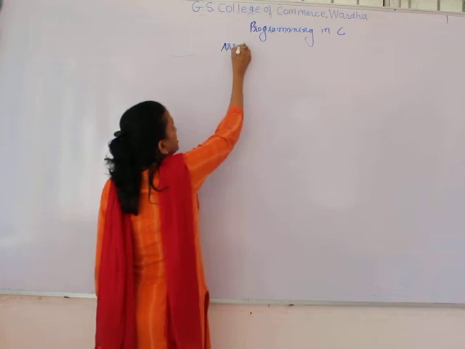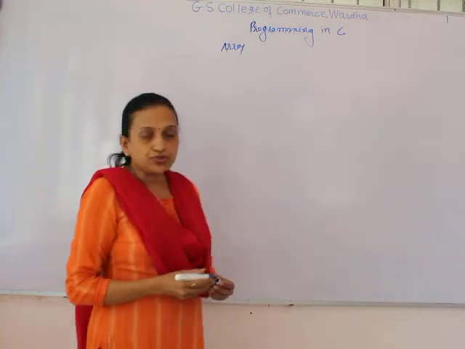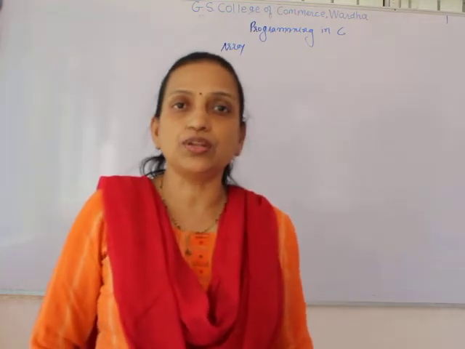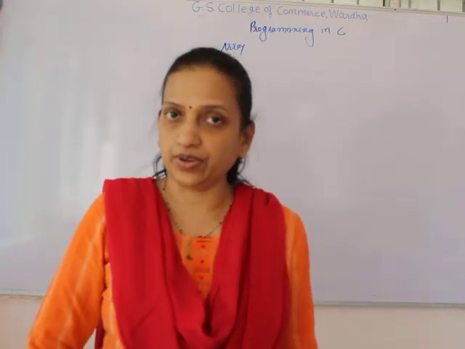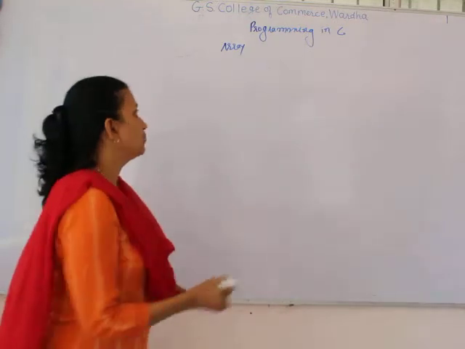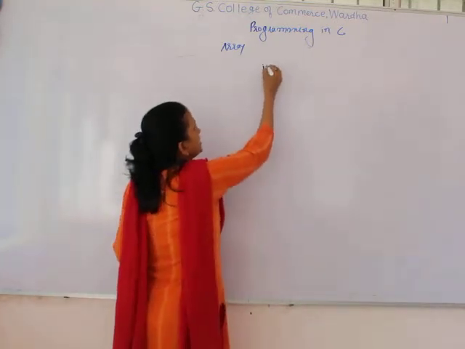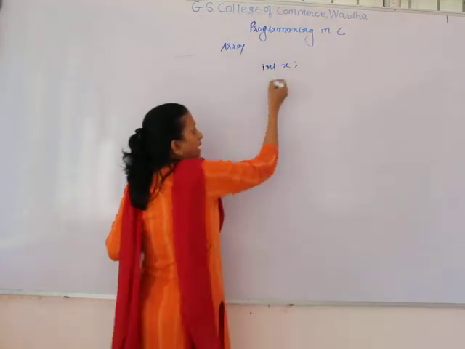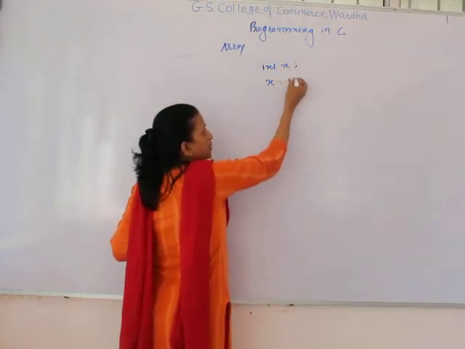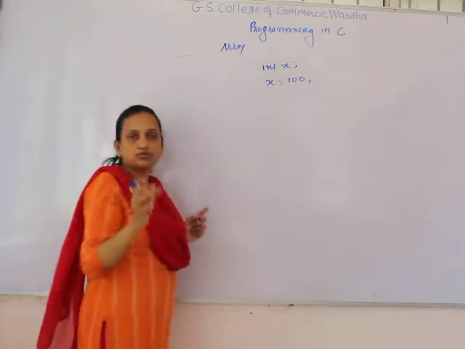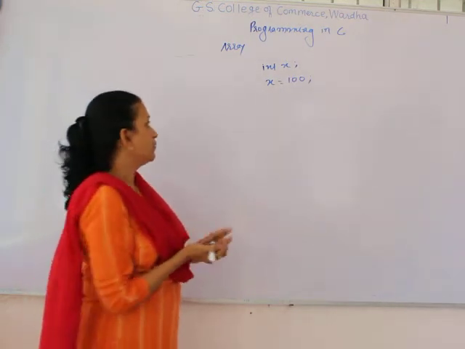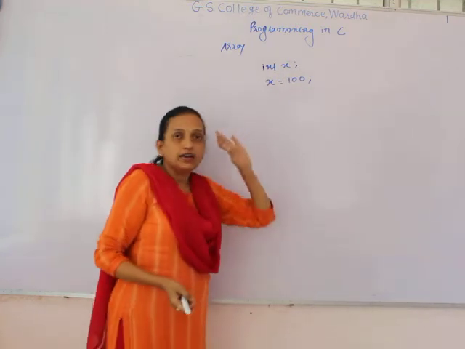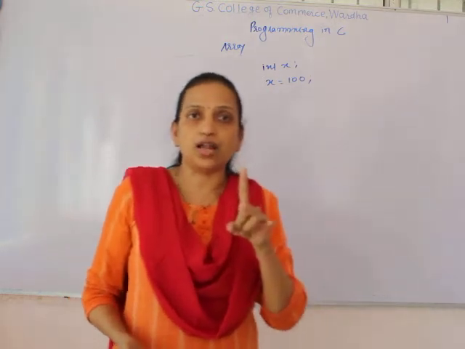Up to this lecture we know that every variable is capable of storing only one value at a time. Suppose you declare one variable, int x. x is capable of holding only one value, whatever integer value you want to store in x, and it can hold one value at a time.